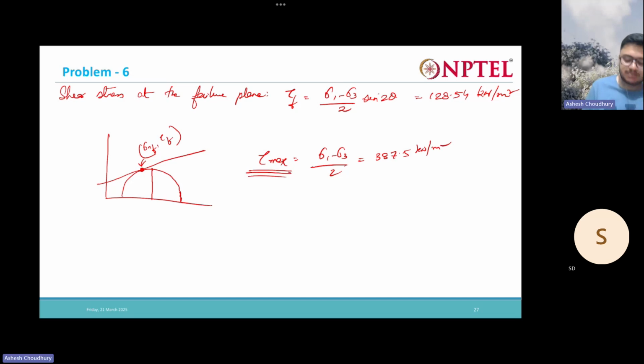So, this is the maximum shear stress that the soil sample, the soil mass, encounters, not the shear stress at the failure plane. The shear stress at the failure plane is this much.